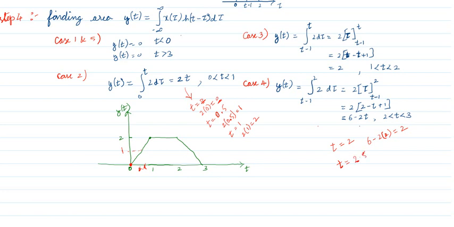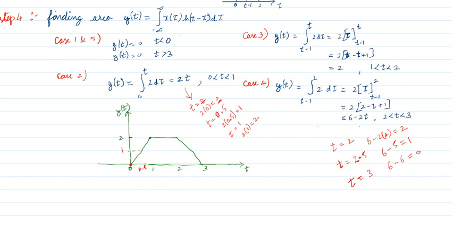What happens? 6 minus 2 into 2.5 is 5, we'll get 1. T equal to 3: 6 minus 2 into 3 is 6, 6 minus 6 is 0. Okay, you can get the values, right? At t equal to 2, it is 2. At 2.5, which is between 2 and 3, it is 1. At t equal to 3, we get 0. So this is the answer.